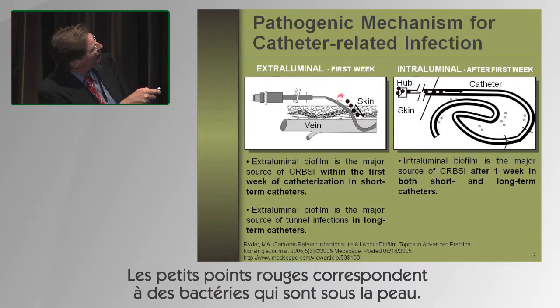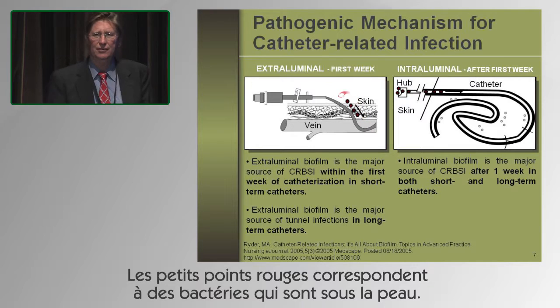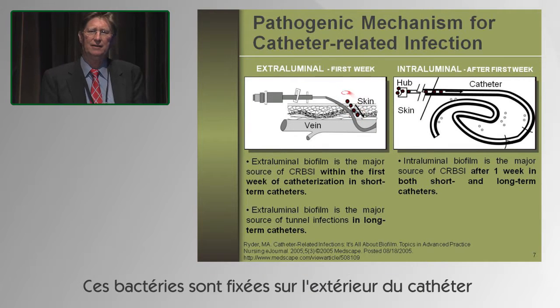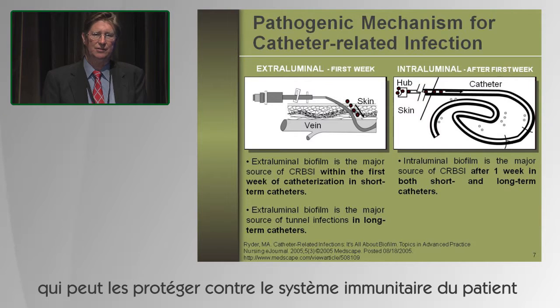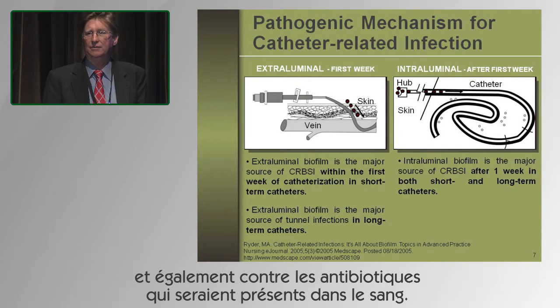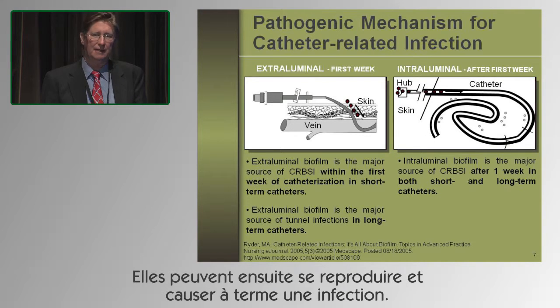The little red dots are bacteria that are on the skin, and those bacteria attach to the outside of the catheter. They then produce an exopolysaccharide, or some people call it a biofilm, that can protect them from the patient's immune system, as well as from antibiotics that may be in the blood. They then can reproduce and ultimately can cause infection.